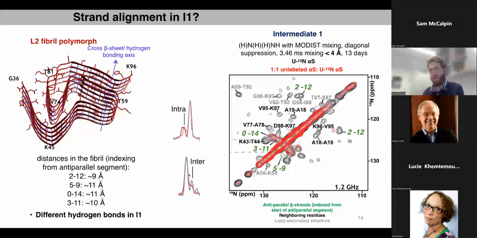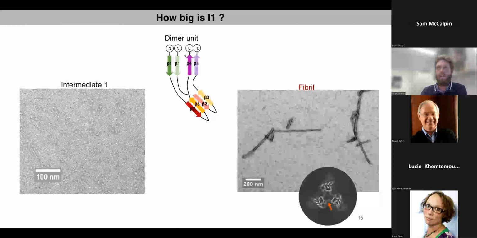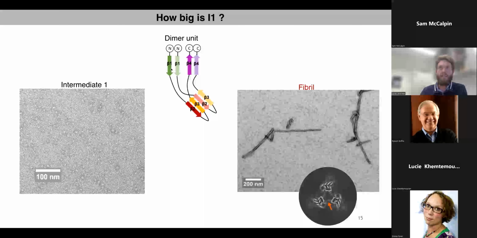So with this, we could identify which of the two is intramolecular, which is intermolecular, and build up then a basic dimeric unit, which is shown here. So we schematically then have beta strands 1 and 4 in a parallel and in register arrangement, and 2 and 3 then in anti-parallel arrangement.